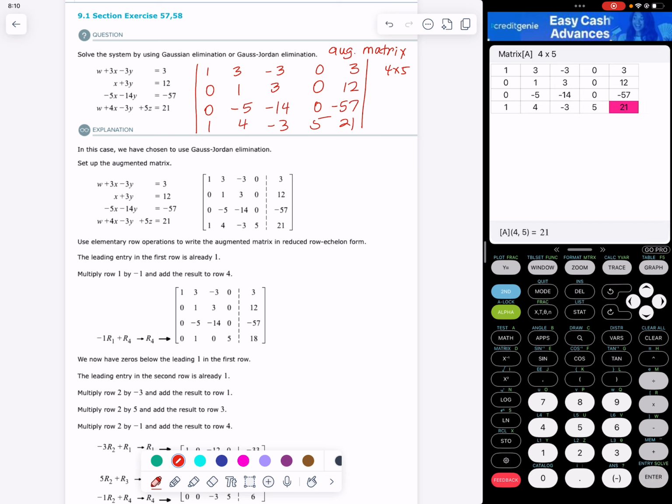And then we're going to take a moment and just check what we typed. Really important to do that. And I see that I have everything typed in correctly.